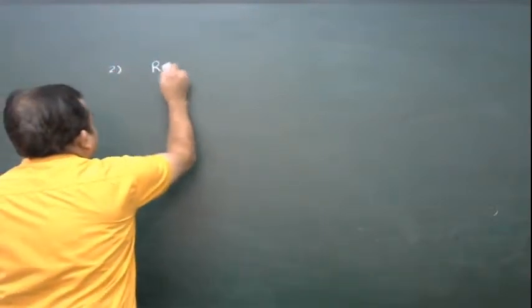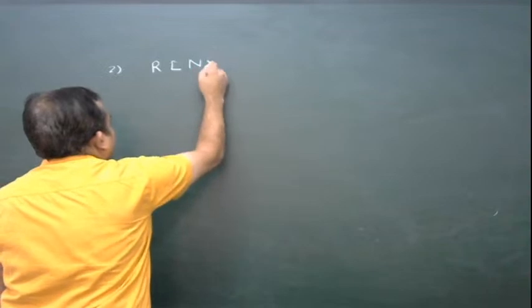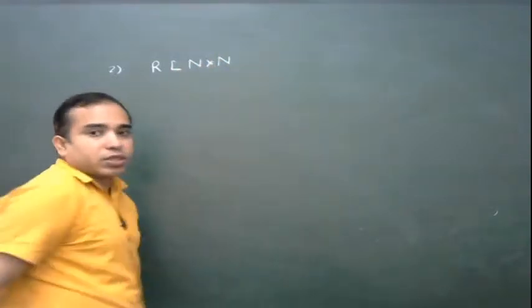Question number 2 says: define a relation R on the set of naturals which is given by x comma y such that y equal to x plus 5. So, R is defined on the set of naturals, from naturals to naturals.